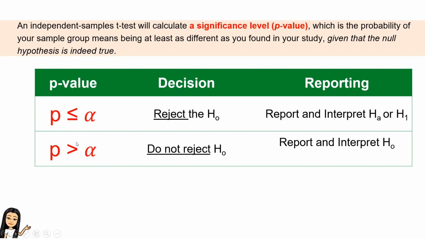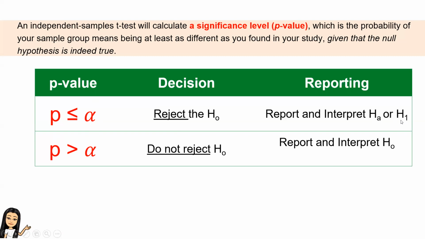But for now, if P is less than or equal to your alpha, and your alpha is usually 0.05, in our case, for our class, our alpha will be set as 0.05. If the computed P value is less than or equal to your alpha, then we have to reject the null hypothesis and we have to report and interpret our HA or H1.